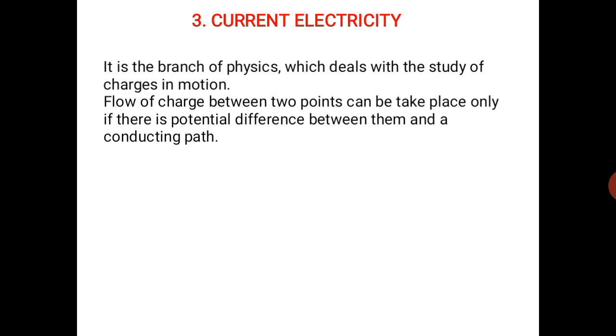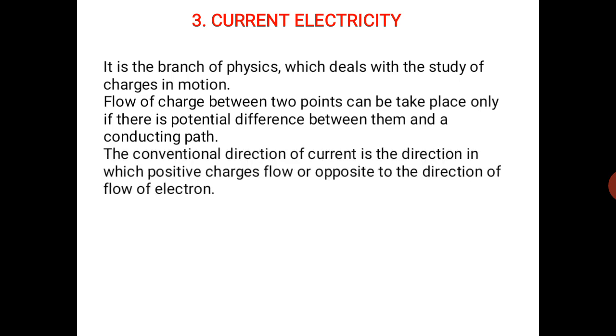If you apply a potential difference between its ends, then there is a flow of charges through that conducting wire, and that itself is called electric current. So if you want to flow electric current through a wire, you have to apply potential difference.